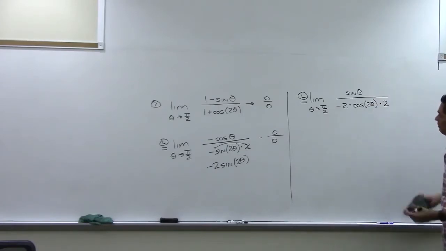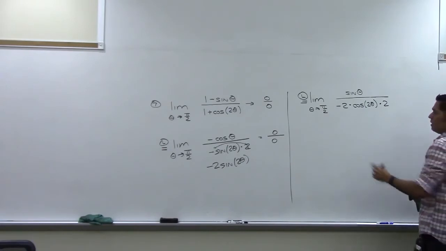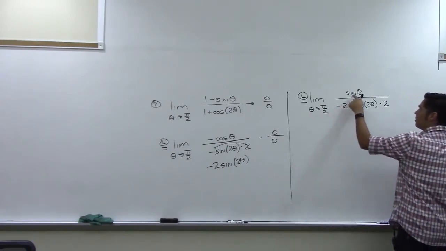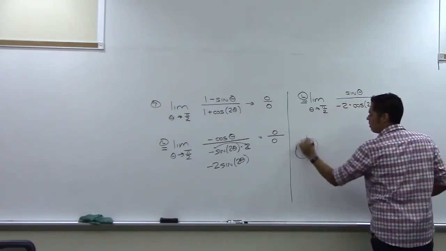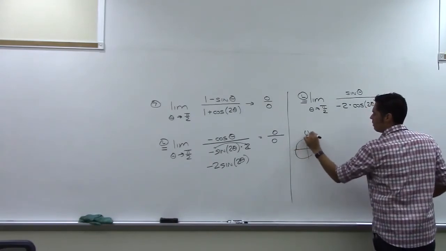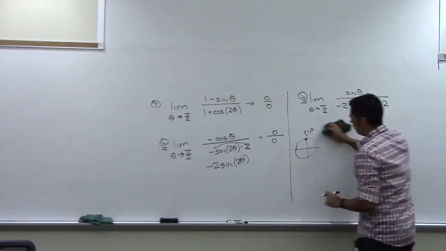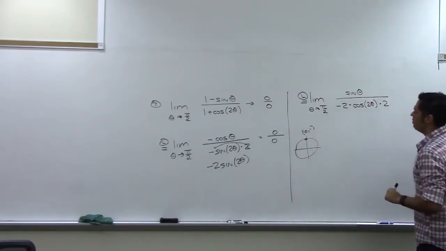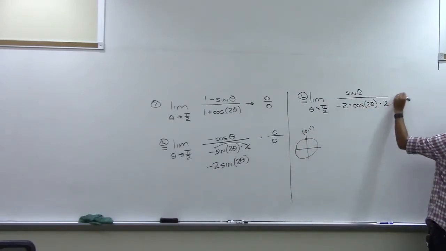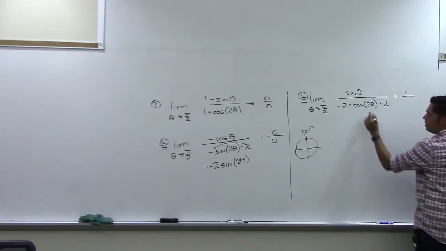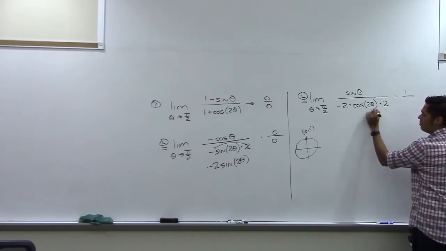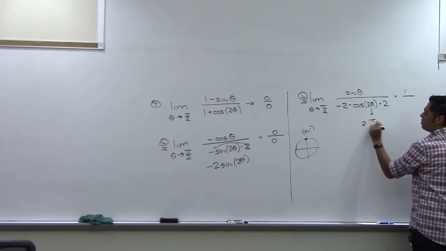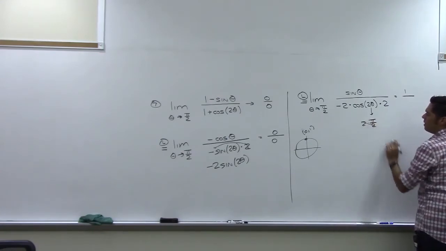And now I try again. So if I let theta go to pi over 2, sine of pi over 2, sine is the y-coordinate, so this is just going to be 1 over, all right, cosine of 2 times pi over 2, we've done this several times now, it's just pi.